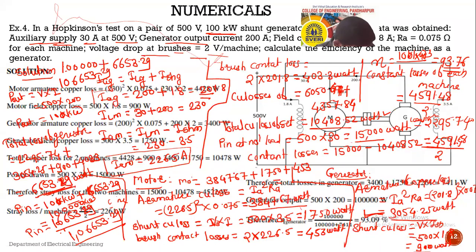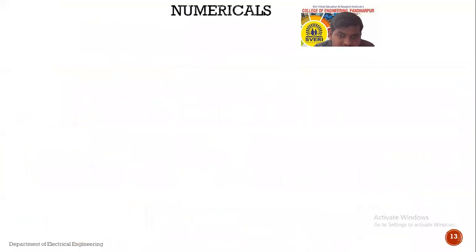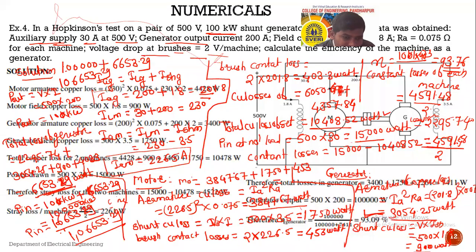So it is nearly equal, so that efficiency getting from both method, it will be same. That means connection कसं असेल त्याची efficiency काय असेल, सेम असेल. लक्षात आलं का? हे लक्षात आलंय का?